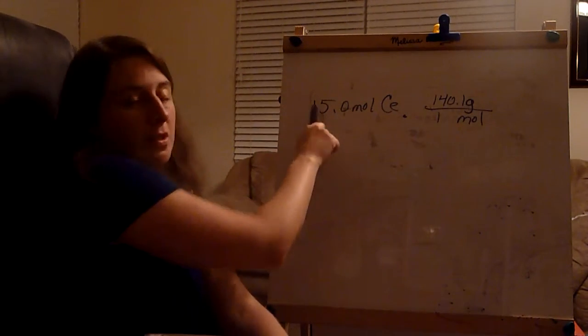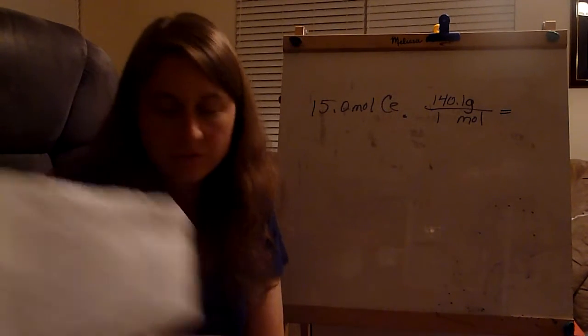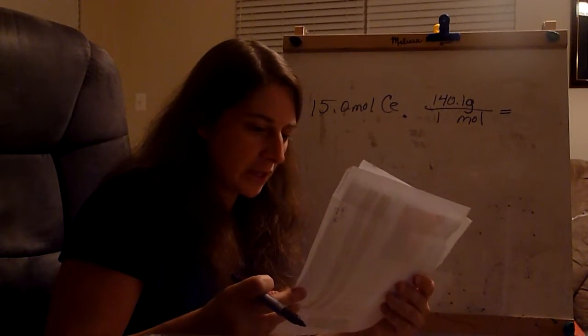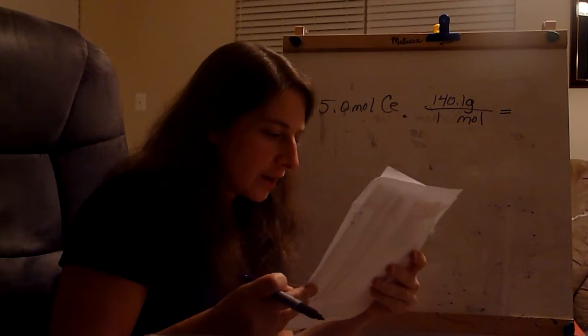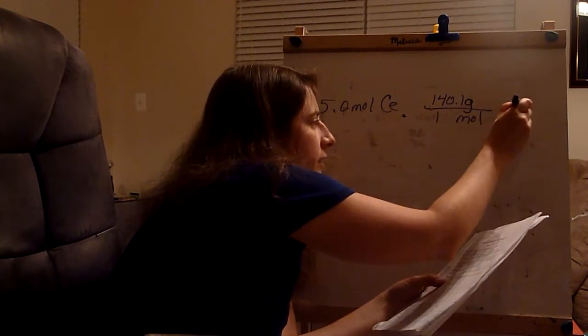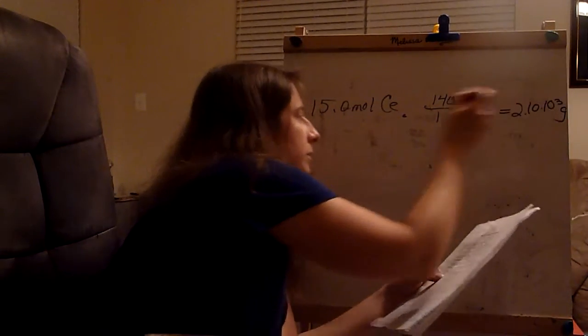So if I multiply 15 times 140.1, I would find that 15 moles of cerium would be, looks like 2.10 times 10 to the 3rd grams.